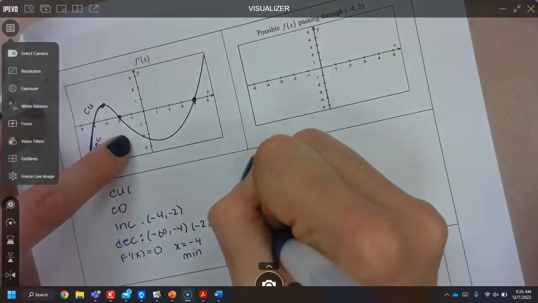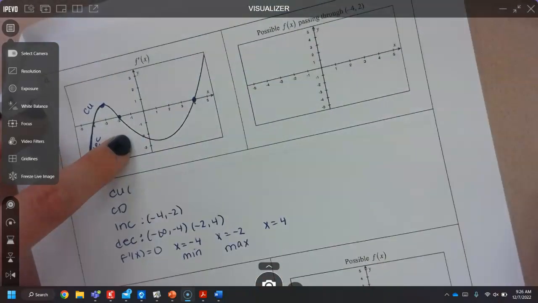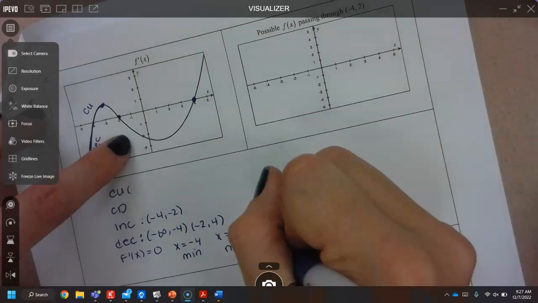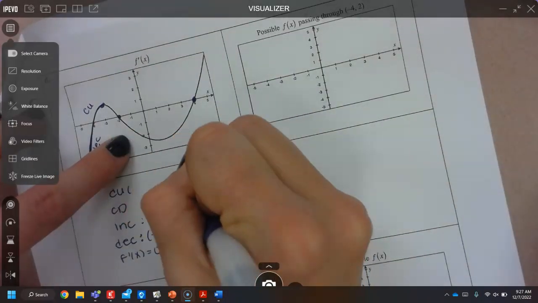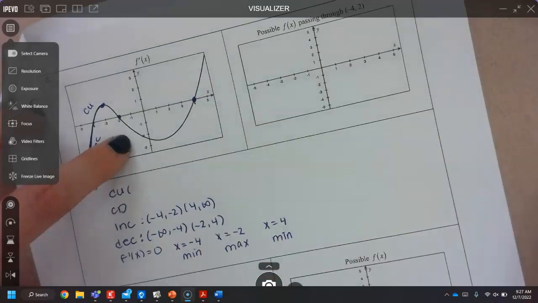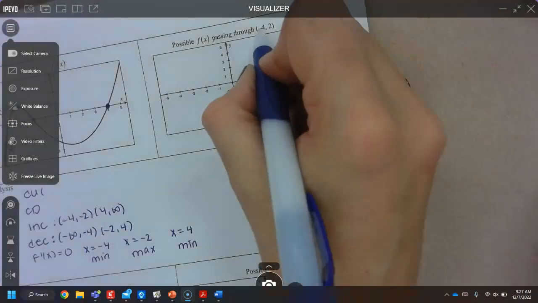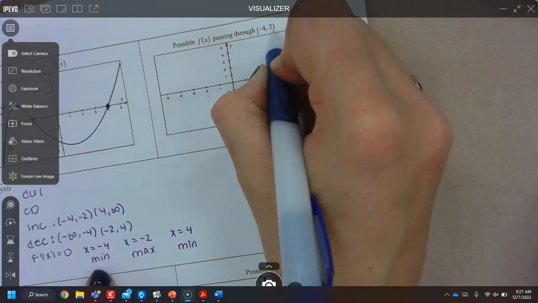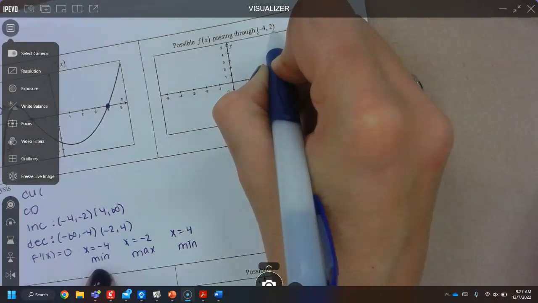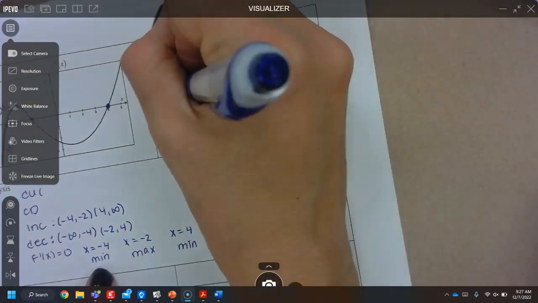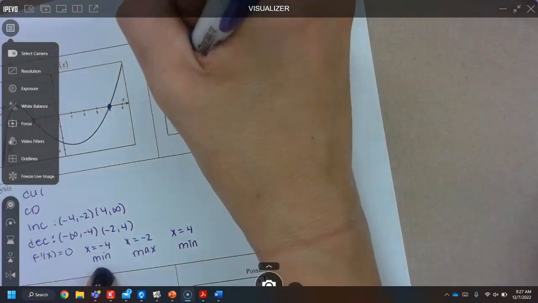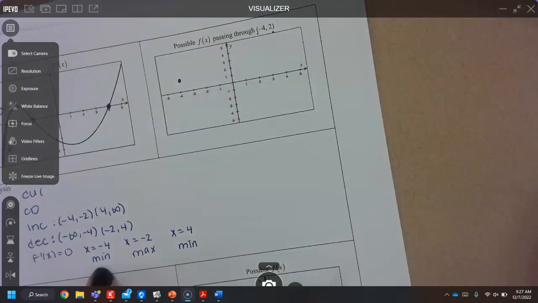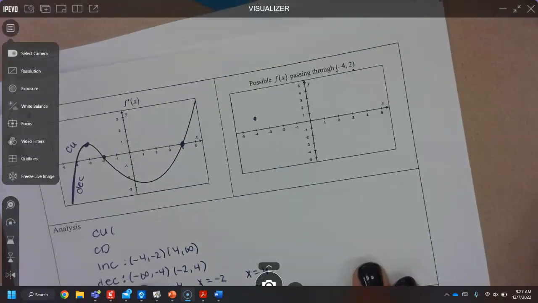Next critical point is at x equals 4, and again it changes signs, so that makes it a min. And they told you -4, 2, which is a min, is at 2. So I know to the left of that it's decreasing.